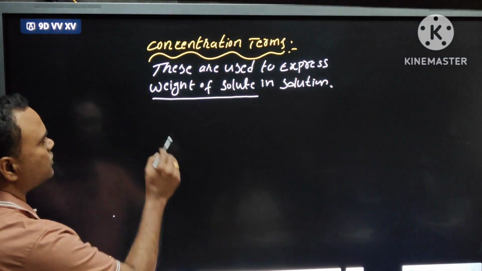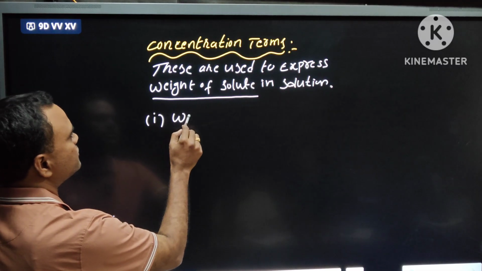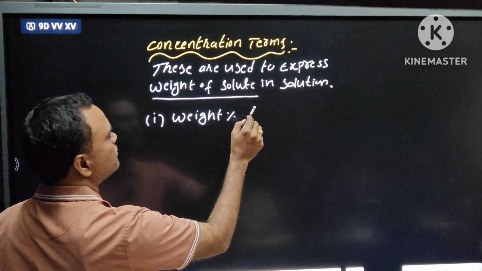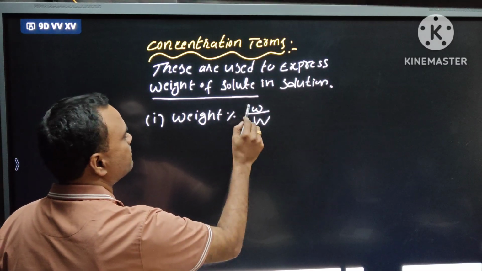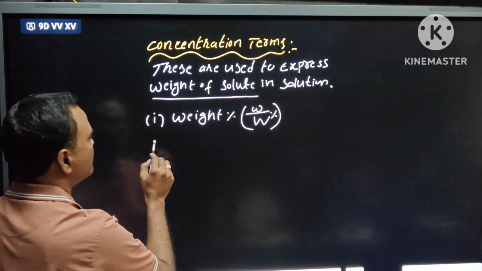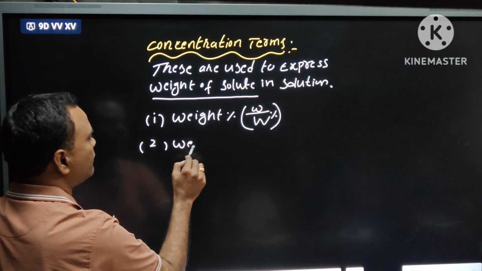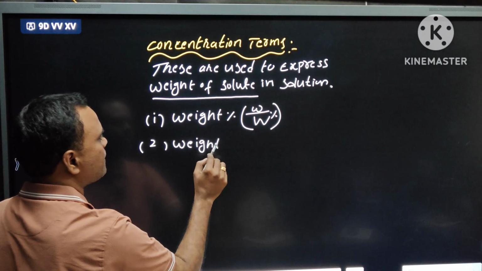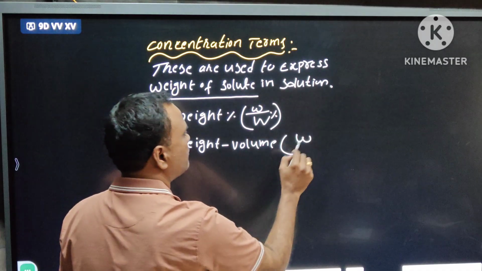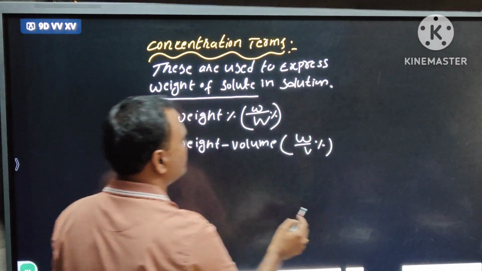See the concentration terms. First one, weight percent, also represented as small w by capital W. Second one, weight volume percent, W by V percent.